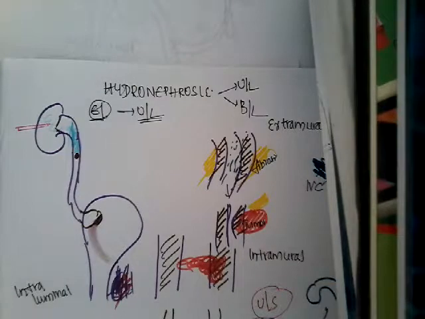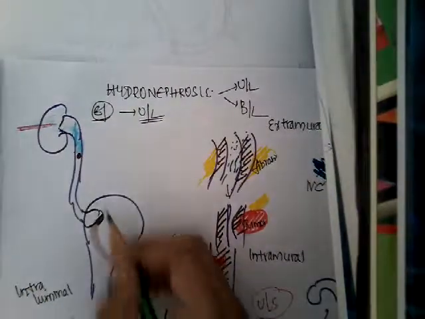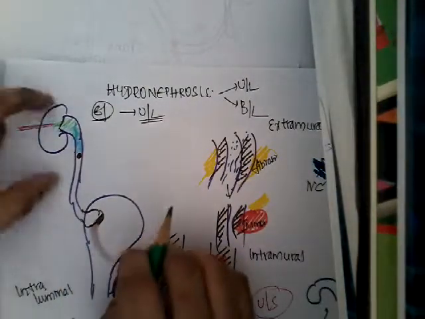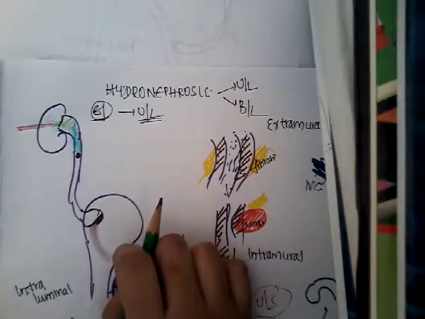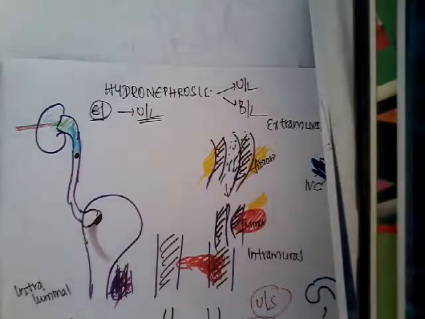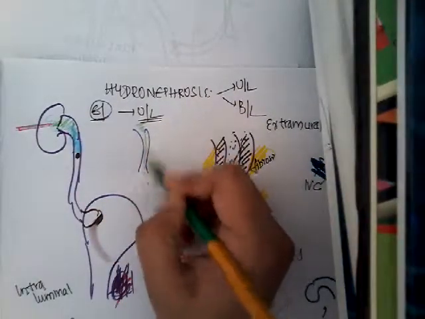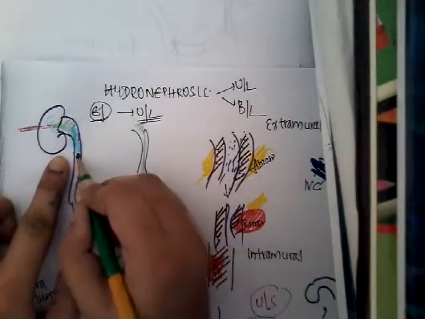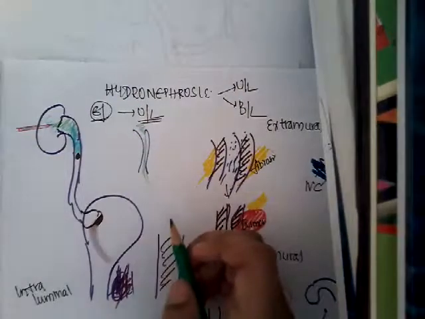The saline fills the pelvis, and normally first the pressure increases because you are injecting more saline, and later the fluid empties and the pressure decreases. But in hydronephrosis, because there is already a block, the more fluid you give, the more the pressure will increase.